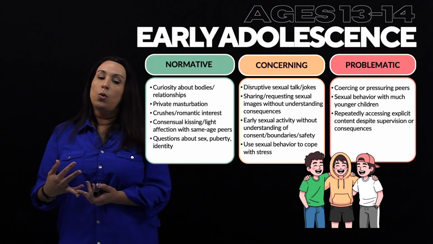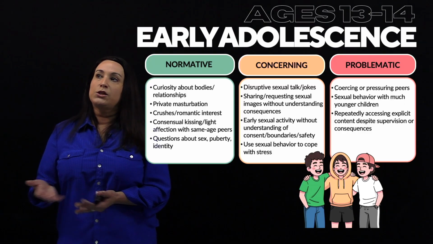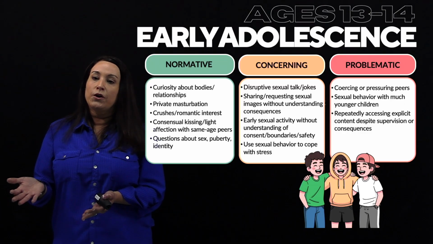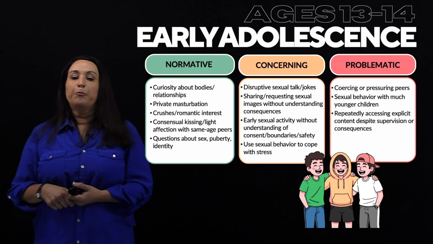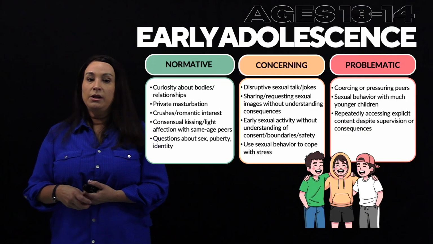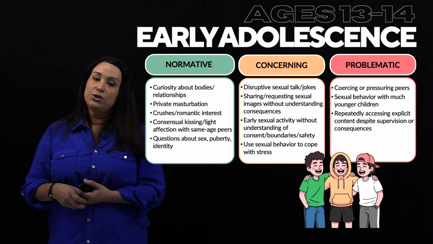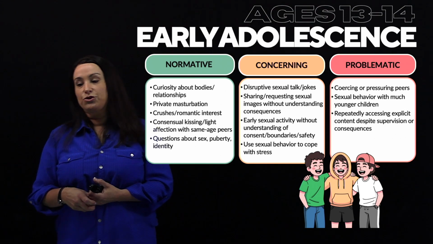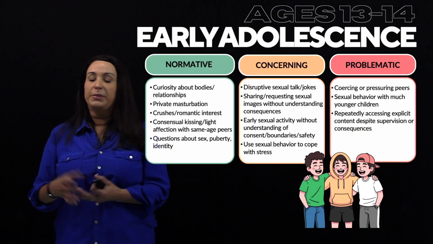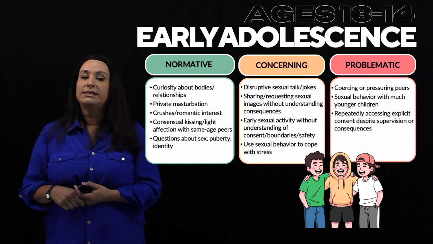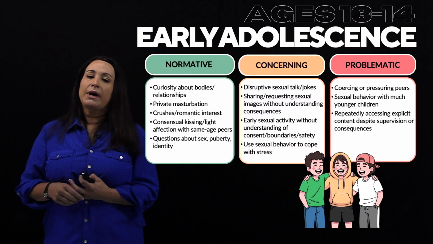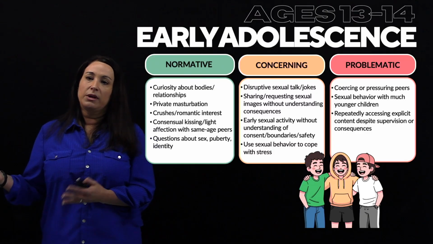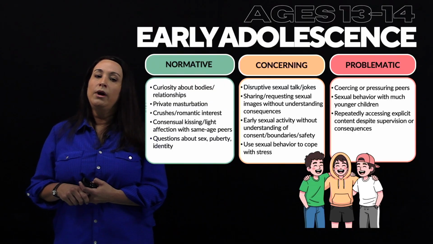You definitely want to normalize that it's okay if they don't know if they're heterosexual, homosexual, or bisexual at this age, and that it's okay to ask questions. It is concerning if they are engaging in disruptive sexual talk or jokes. You might see some kids being the class clown, trying to get attention. That is one thing, and you just want to probe for more information, but that typically can fall back into the normative if there's nothing additional.